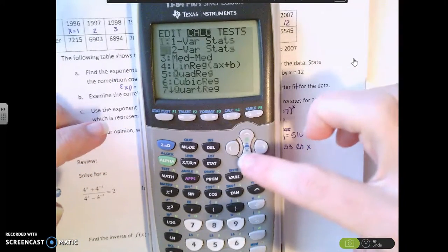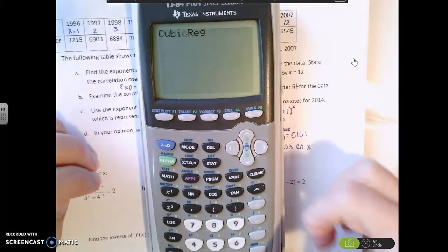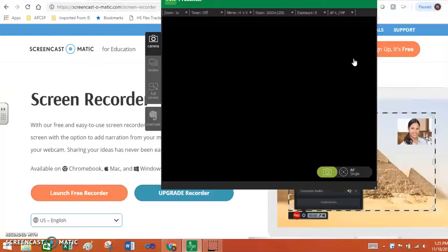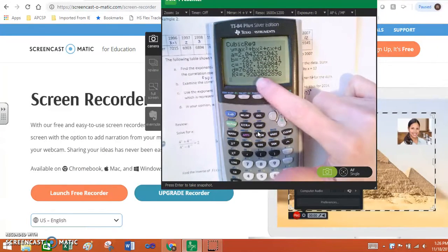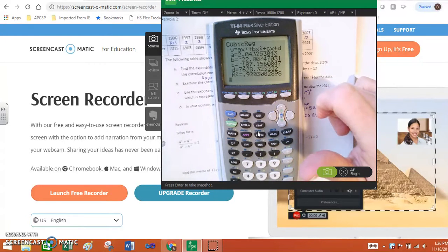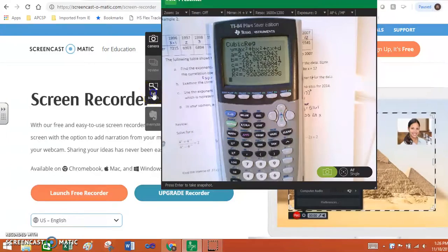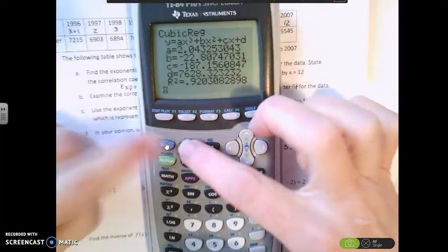If I go to the cubic model, you'll notice that it is negative 0.92, which is almost implying that it's a cubic problem, but it's not. Whoops, didn't mean to do that, sorry. It's implying that it's cubic, but if I look at the graph, I'm going to see that it's not a cubic problem.